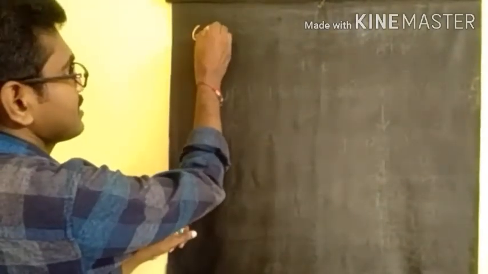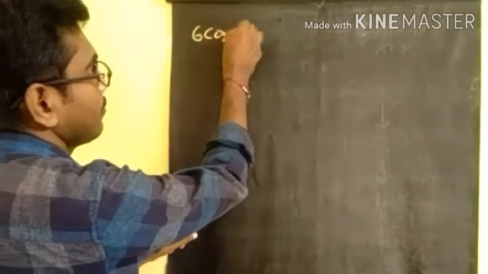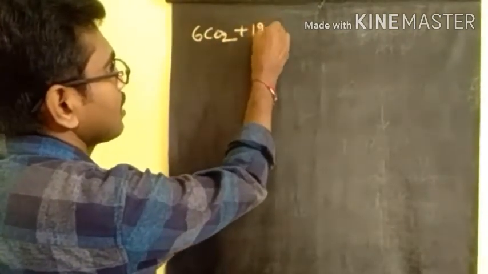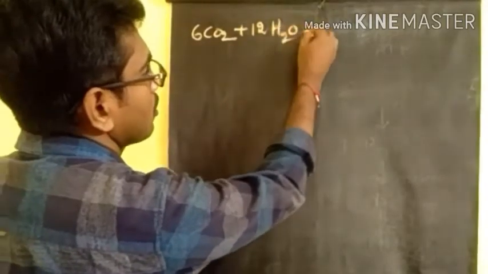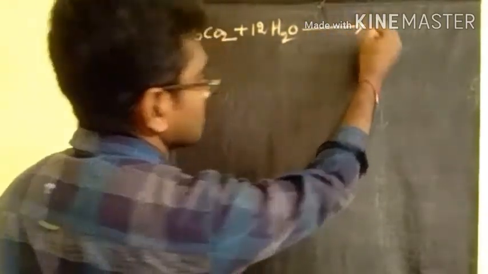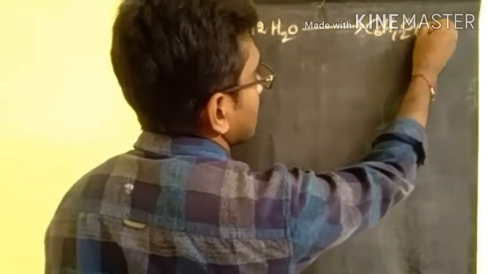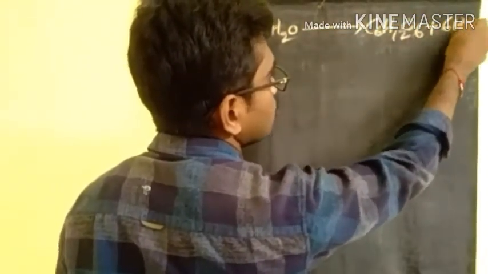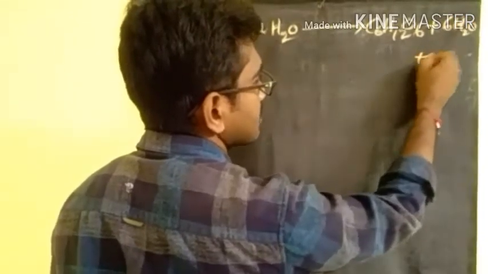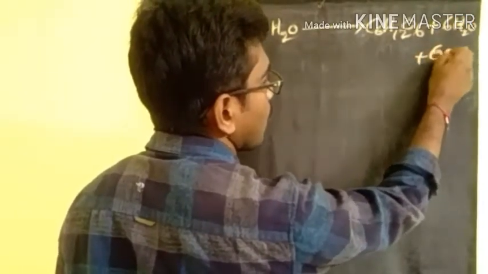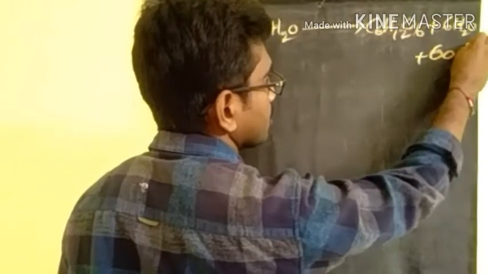Before going to that, can you tell me the overall equation of photosynthesis? Tell me: 6CO2 plus 12H2O gives rise to C6H12O6 plus 6H2O plus 6O2.